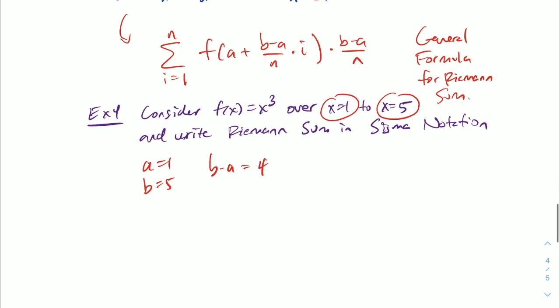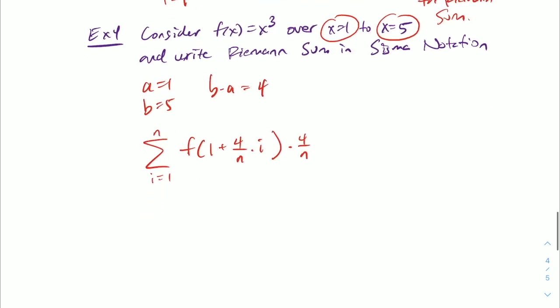So we'll have the sum from i equals 1 to n of f of 1 plus 4 over n times i, all times 4 over n. All right, we're not quite done because we have the formula for f. So we can write x cubed in the place of this f. So we'll take this 1 plus 4 over n times i, and we'll cube it. And then we'll be done.